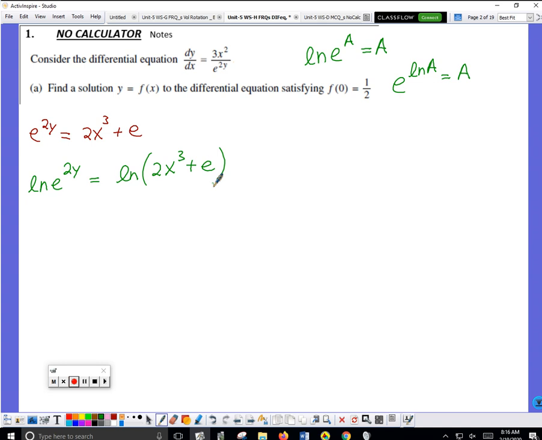Because of the rule, natural log of e raised to the 2y is simply 2y. Divide both sides by 2, collect my 7 points, go home.